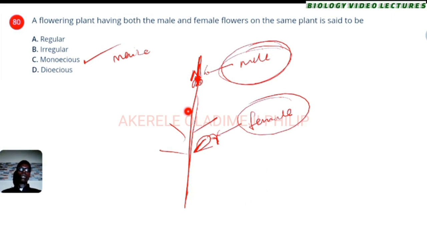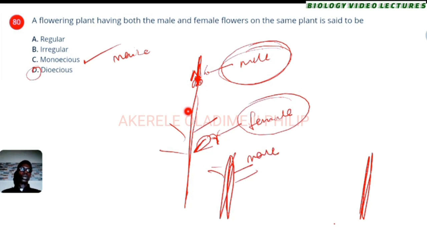While there's another one called dioecious, which is down here, whereby this is a plant, this is another plant of the same species. This one only has male flowers on it, which we call staminate, that has stamen alone, and this one will have only pistillate, that has pistil, or let me say carpel, alone.